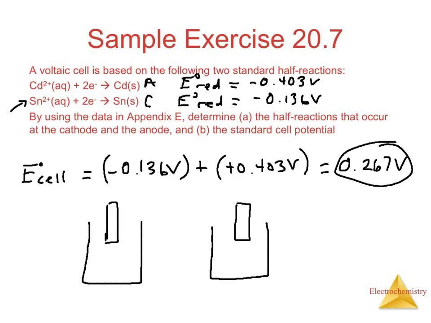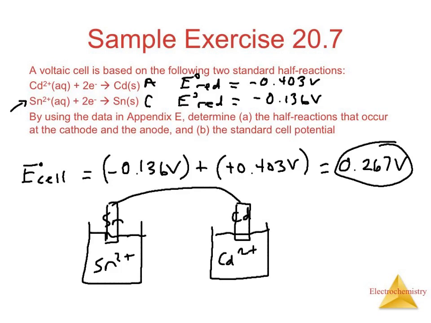I think the convention is usually to put the anode on the left side, cathode on the right, but I don't know if that matters all that much. There's our Sn, and then in the solution we have Sn2+. Over here we've got our cadmium metal, and then our Cd2+.